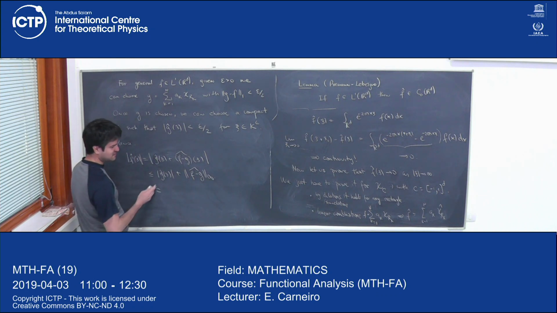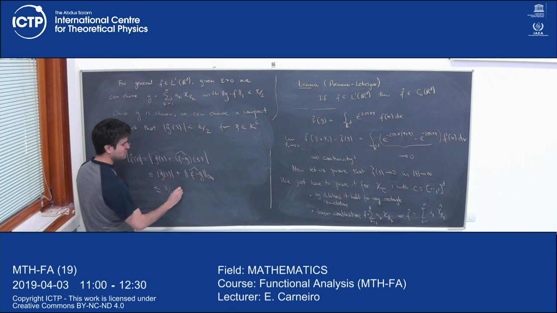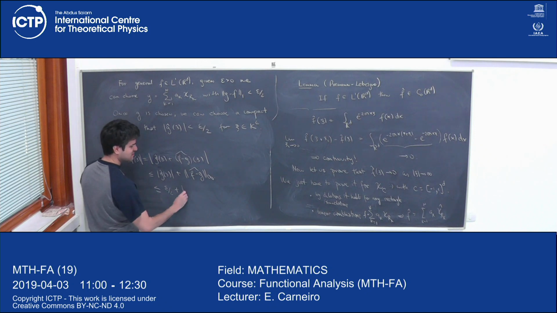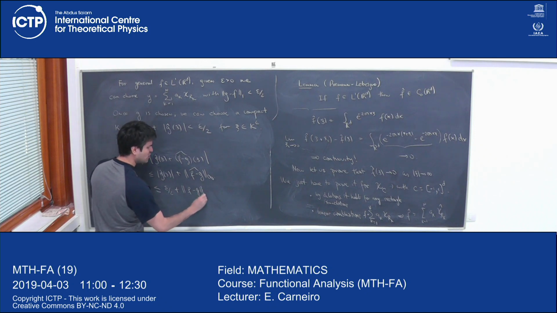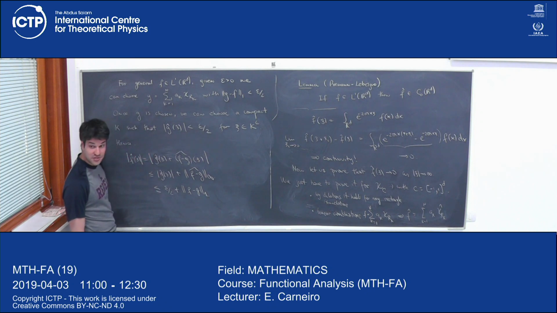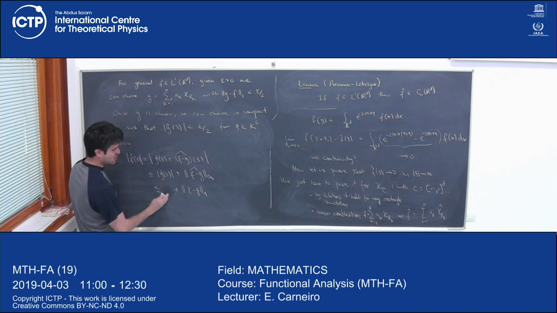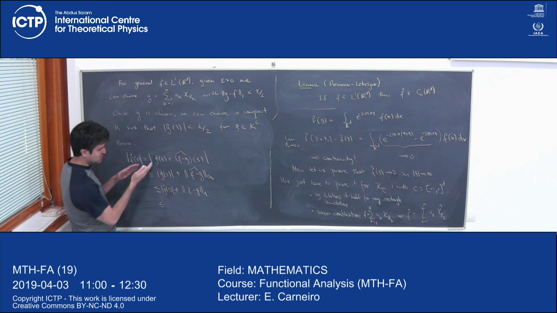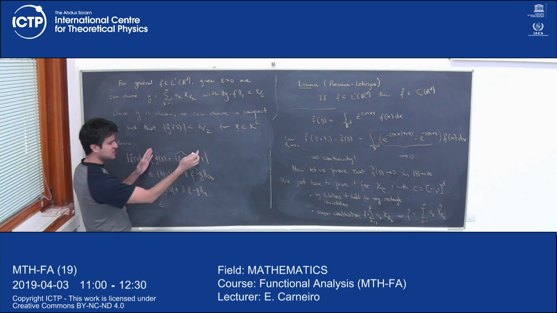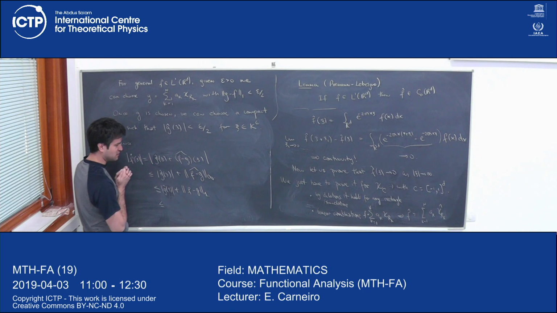This is less than epsilon over 2, and this is less than the L1 norm of f minus g. So this holds in general. This is just equal to this, so the absolute value is equal to the absolute value of this.